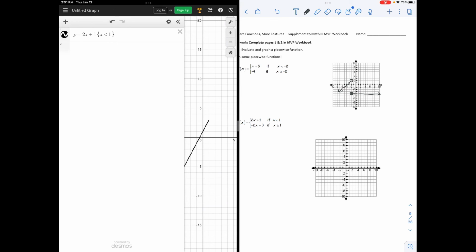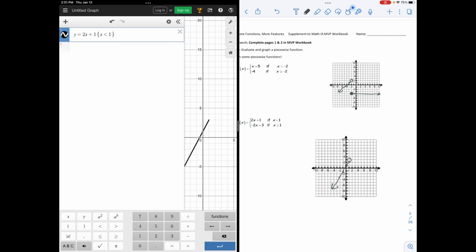So I'm going to go over to 1, to the point 1, 3. I'm going to put an open circle, and then I'm just going to use my slope to go down 2 and over 1. Down 2, over 1. And I draw my line again, and I have an arrow. And then the second one is -2x plus 3.